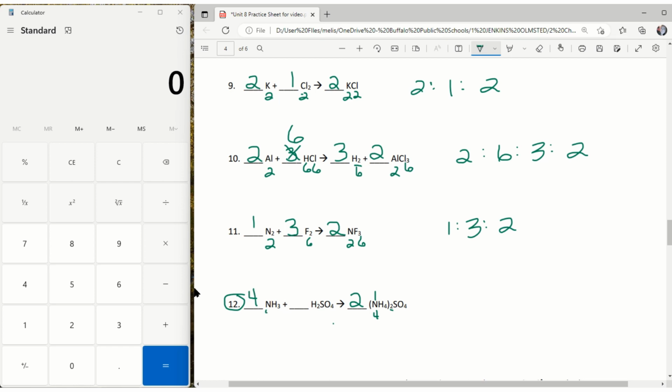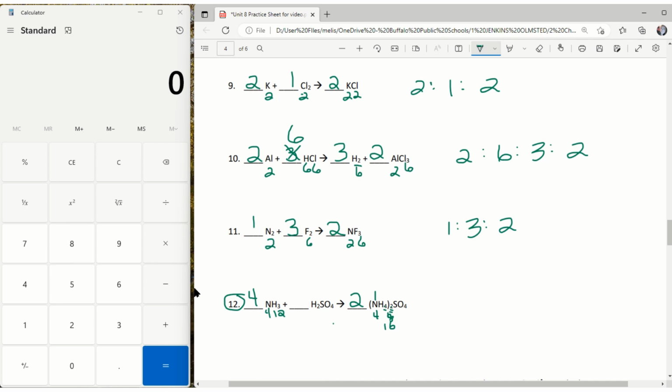There we go. For H's, I have 4 inside times this subscript. So 4 times 2 is 8 times the coefficient. So I have 16 total H's. Over here, I have 4 times 3, I have 12.